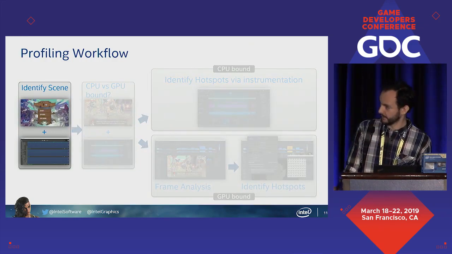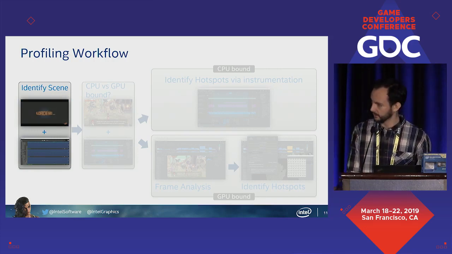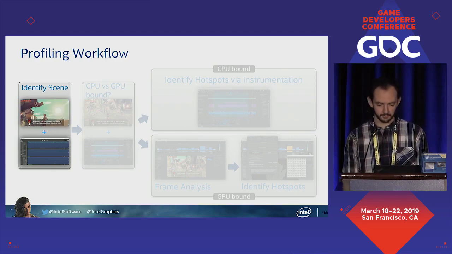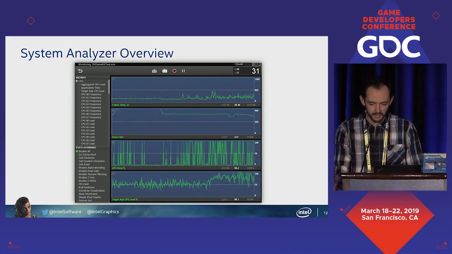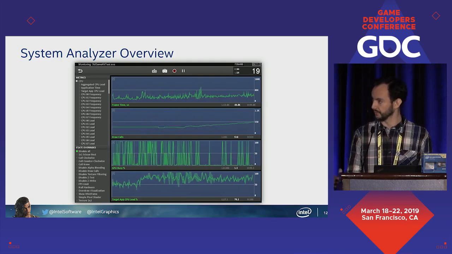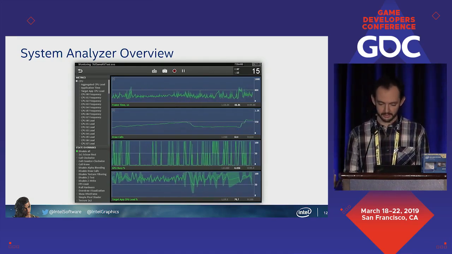So let's get started with identifying the scene. For this, like I said, we're going to be using System Analyzer. Before we look into this step, I'm going to give a very brief overview of the System Analyzer tool. System Analyzer is GPA's real-time performance tool. It collects real-time information across the system and helps you gain insight into the impact that the game is having on the system.